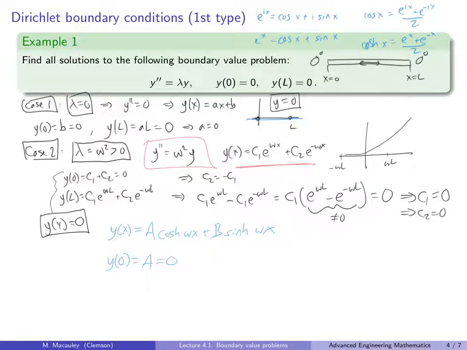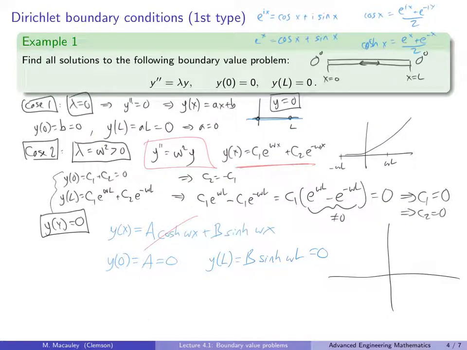So that's very nice. This thing went away. And now let's plug in L. So if you plug in L, you get y of L equals b sinh of omega L, and that's equal to 0.